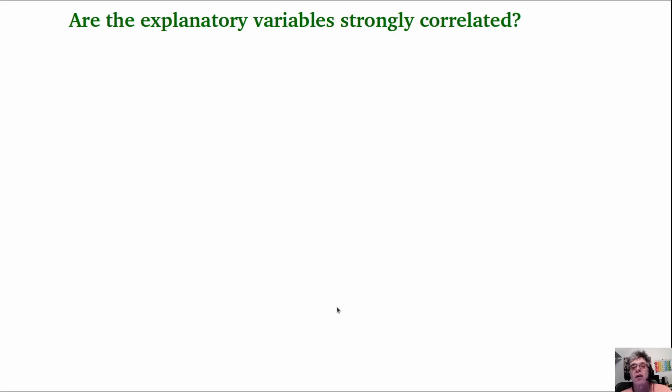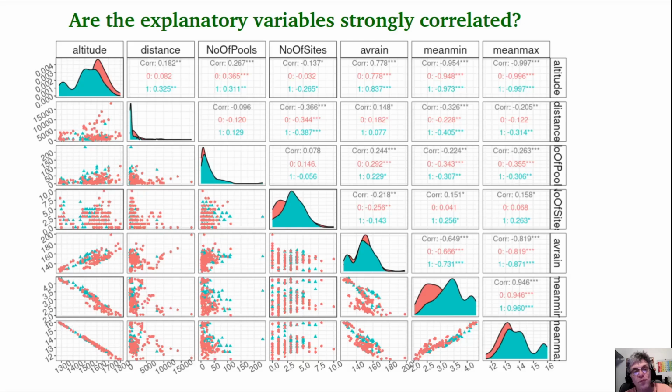So second, we answer the question whether the explanatory variables are strongly correlated. This analysis is to avoid including variables that have very strong correlations, that are therefore not only redundant in explanatory capacity but also potentially involve difficulties in the numerical estimation of the parameter values.